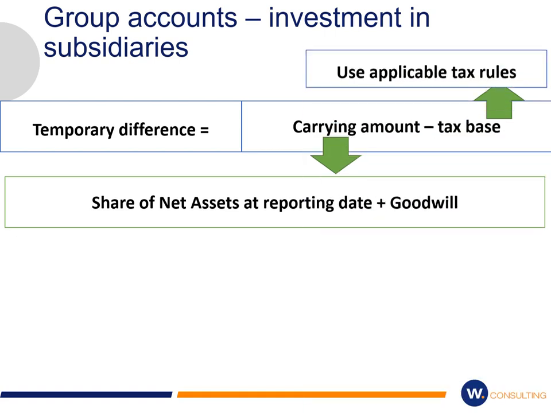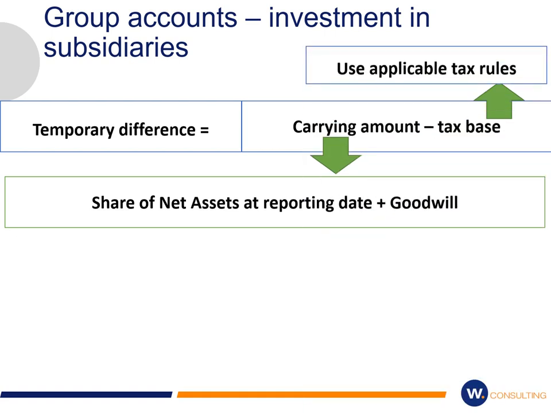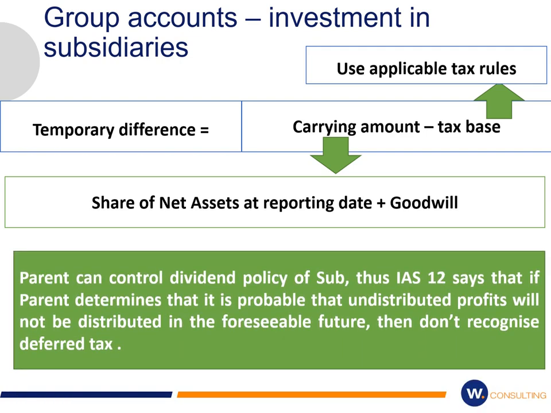The tax base, using the applicable tax rules, is probably the cost of the investment until you dispose of the investment. The parent can control the dividend policy of the sub, and therefore if you can determine that it is probable that you will not distribute dividends in the foreseeable future, then you do not recognize deferred tax.